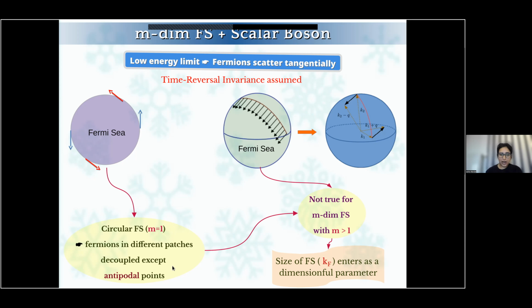So this patch argument is not true for an m-dimensional Fermi surface with m greater than 1. So when we started our calculation, we expected that somehow the size of the Fermi surface, which is encoded in k_F, should enter in the various physical quantities as a dimensionful parameter.